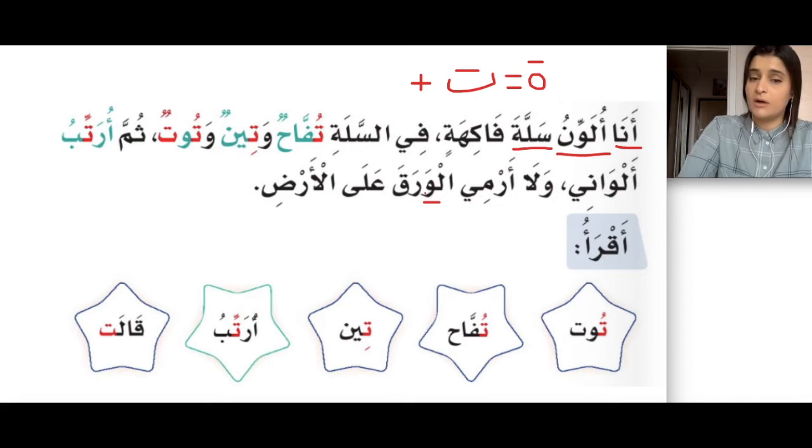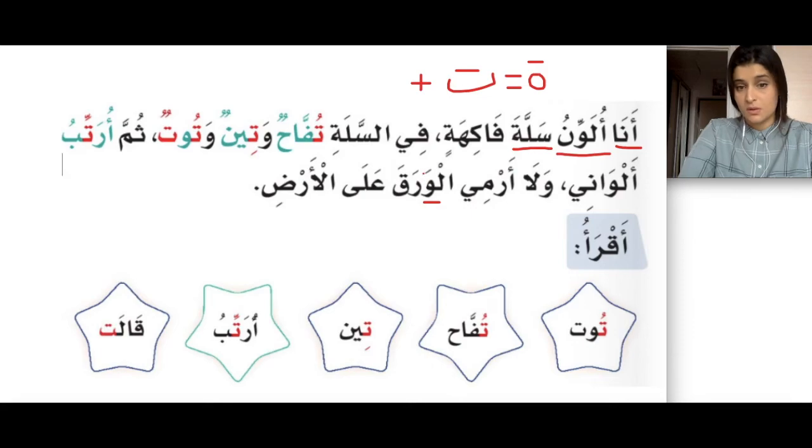Above letter waw, we don't have shadda, so that means that letter waw is a moon letter, and we will pronounce the article al with letter lam. Al-waraqa.